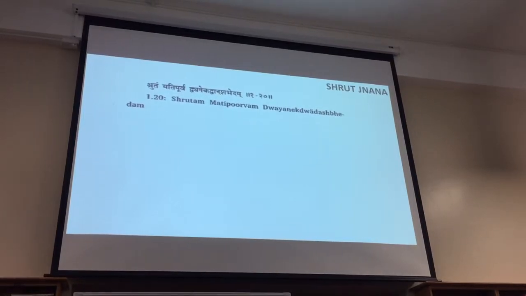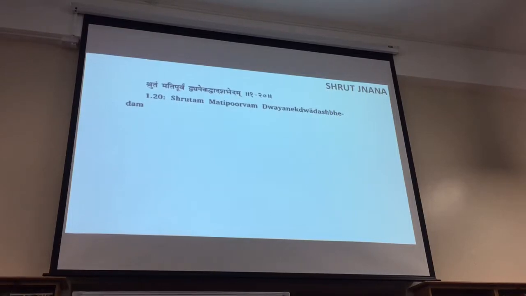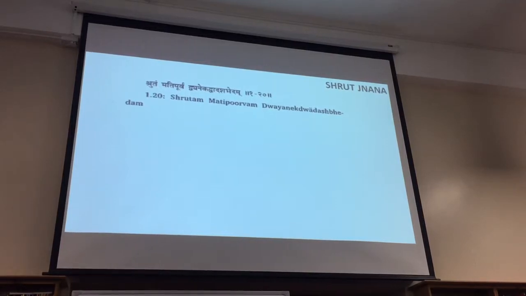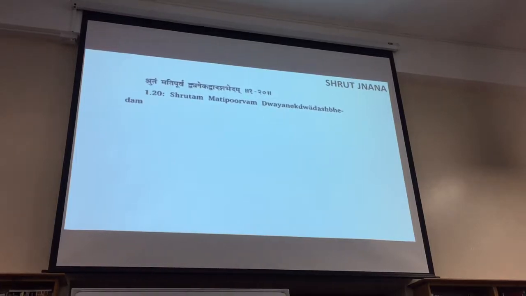So the first one says Shrutam. So you can say Shrutam Mati Purva. So that's Shrutam Mati Purva Dvaya Neka Dvadash Bhedam. So Dvadash Bhedam. Shrutam means we are talking about the Shrutjnana.